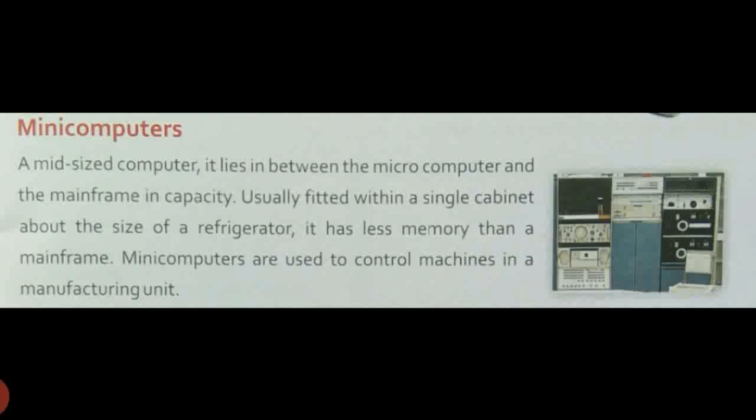Students, the second type we are learning here is the mini computer. If we see a mini computer, it looks like a refrigerator. Mini computers are used in manufacturing units to manufacture products.